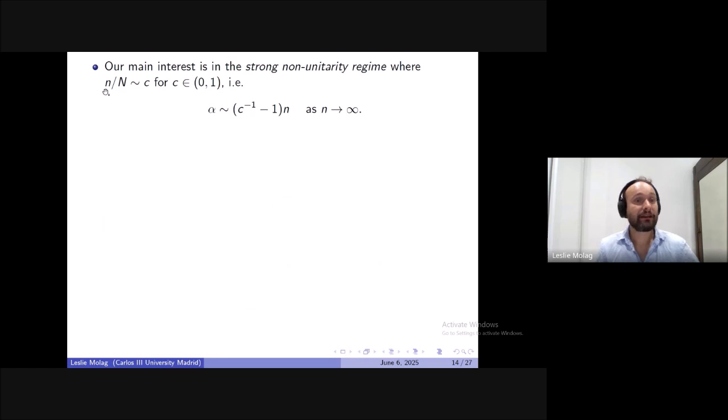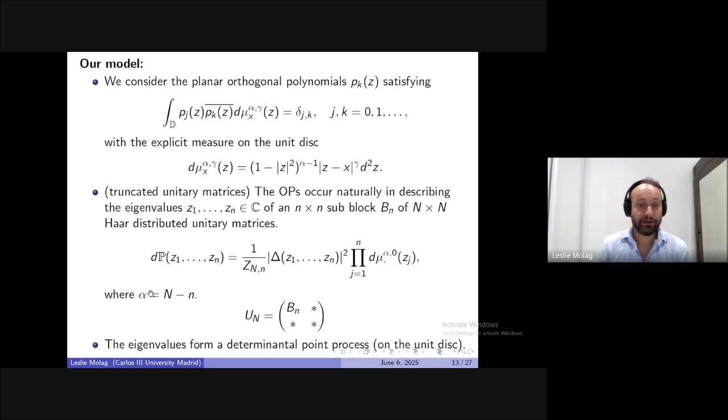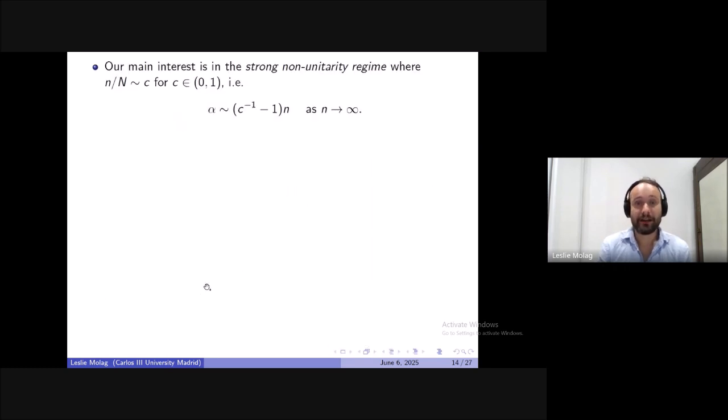We assume that n divided by capital N, in the large n limit, is equal to some proportional number c, which is between 0 and 1. That means that alpha can be seen as some constant times n. In particular, it grows with n.